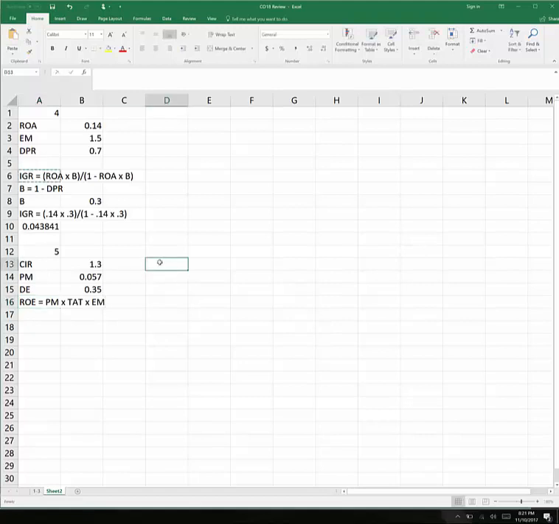So we have a couple of helpful equations to remember here that we've talked about before. So 1 plus the debt equity ratio equals equity multiplier. So the equity multiplier is going to equal 1 plus the 0.35 debt equity ratio. So 1.35. And we also know that total asset turnover ratio equals 1 divided by the capital intensity ratio.